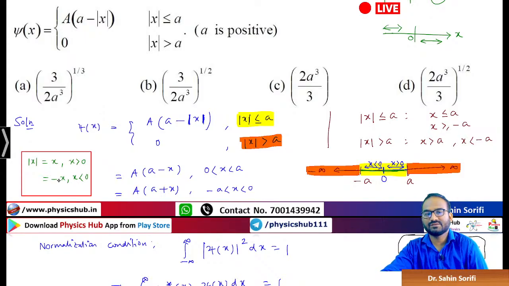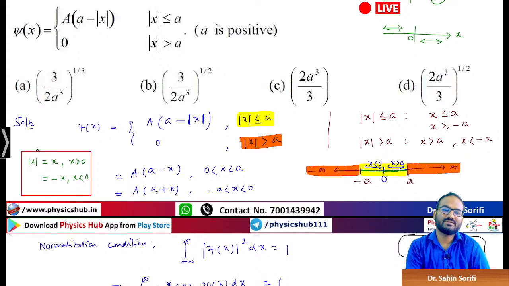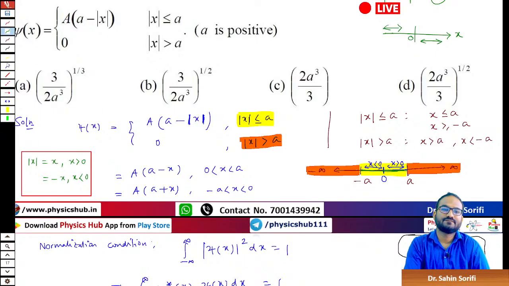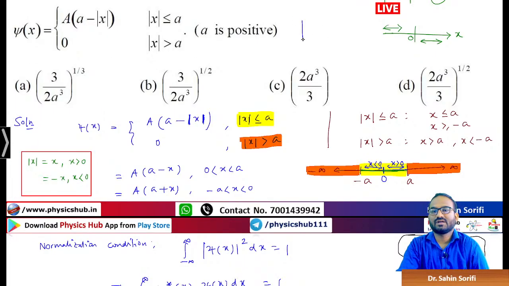You see mod x, so you have minus x. So minus x less equals to a means x greater equals to minus a, because by definition mod x will come out as plus x and minus x.